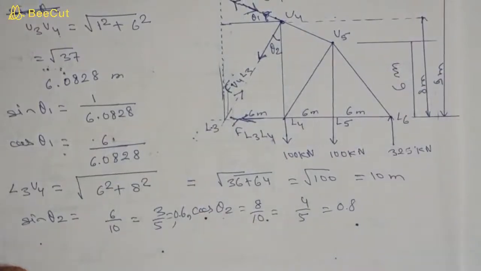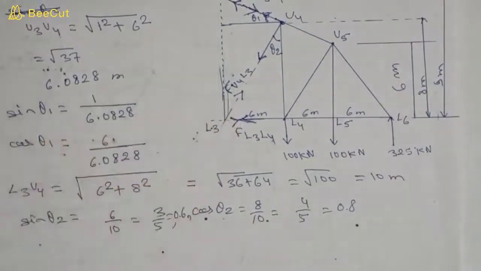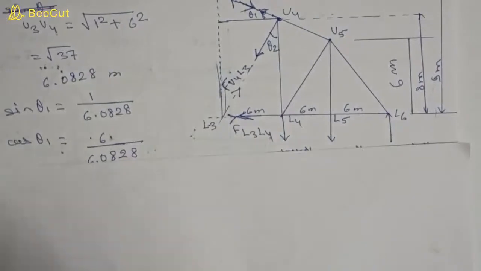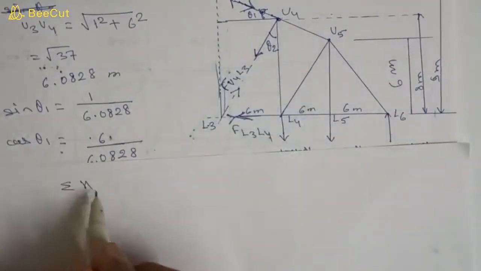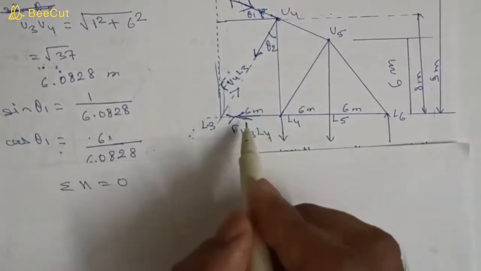Okay, so we have to find the value of F U4 L3. To get F U4 L3 we will do the sum of all the horizontal forces equal to 0. So what are the horizontal forces?